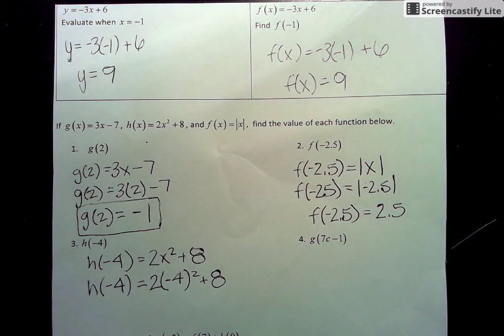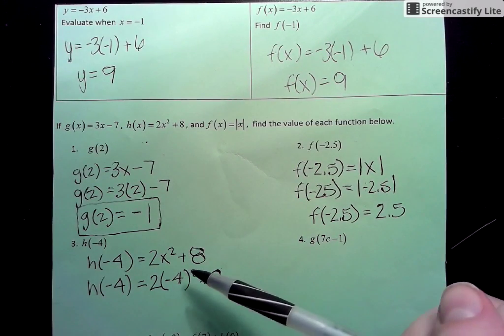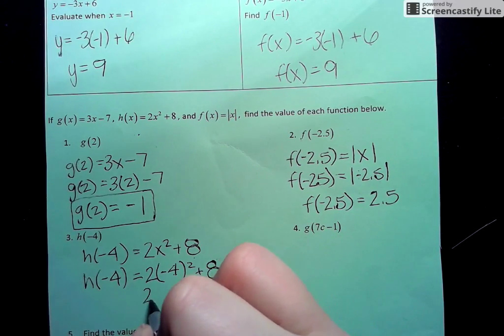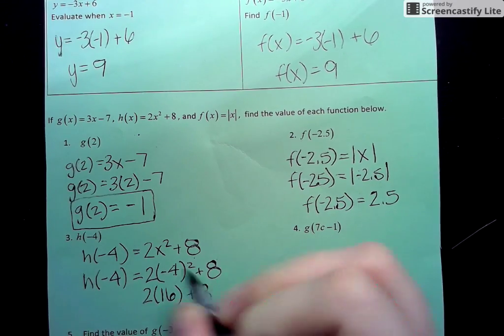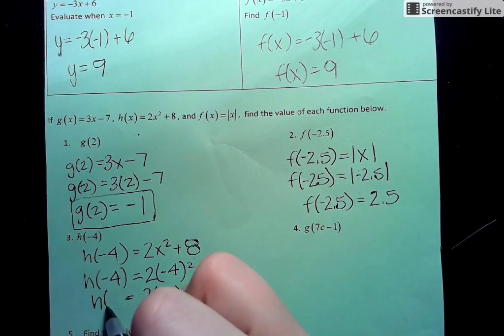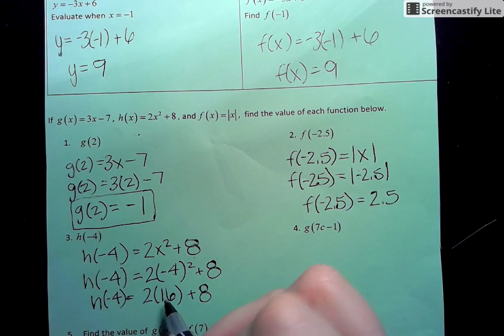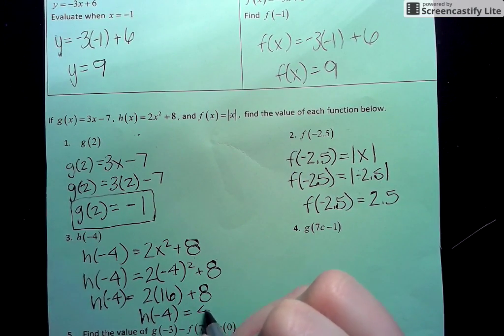Because of PEMDAS, you want to make sure that you do the parentheses first. So it's (-4) squared, which is going to give you 16. So it'd be 2 times a positive 16 plus 8 is equal to h of -4. Now 2 times 16 is going to give you 32, plus 8, which is going to be h of -4 is equal to 40.